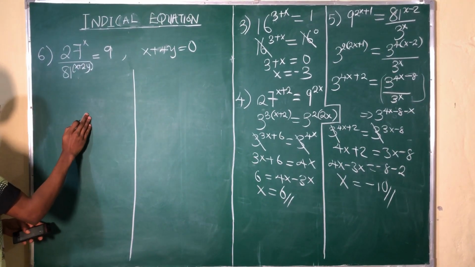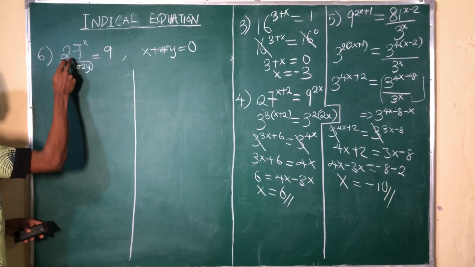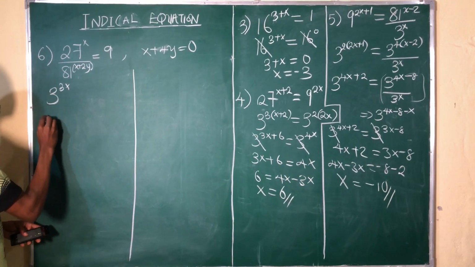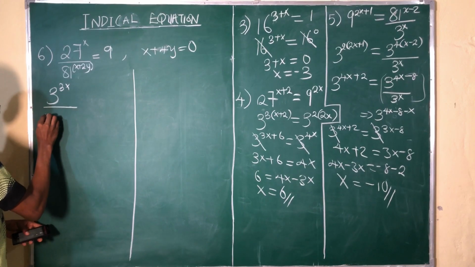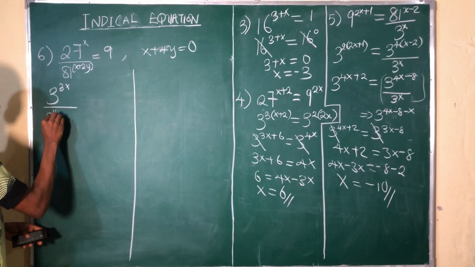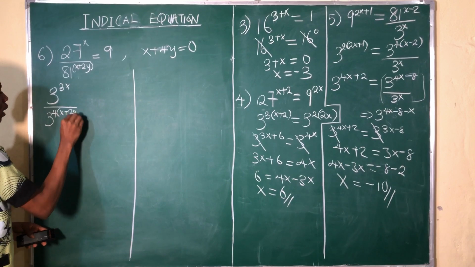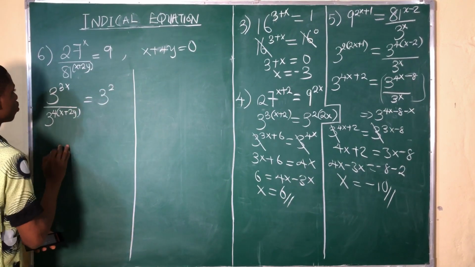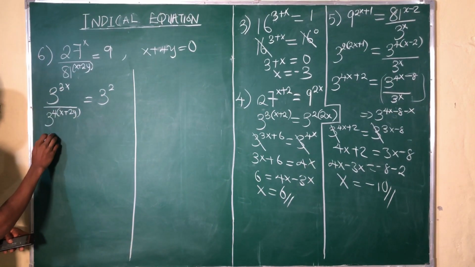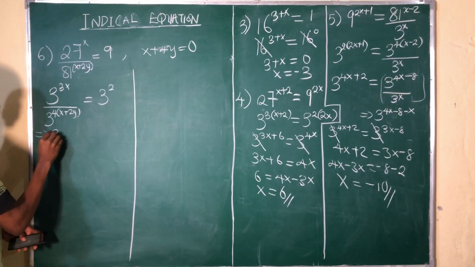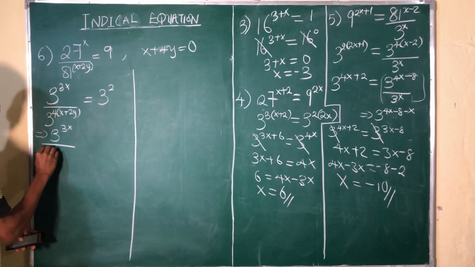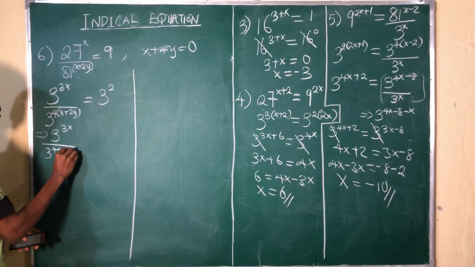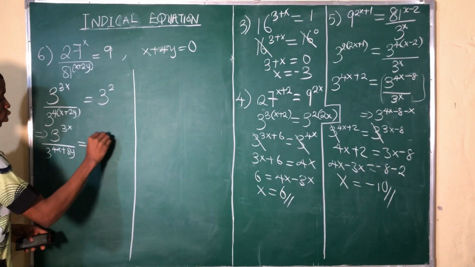So in this case, 27 can be expressed in terms of 3 raised to the power 3x all over 3 bracket 4x plus 2y. This can be expressed in terms of 3 raised to the power 2. So of course, we're going to play with this first. This becomes 3x over 4x plus 8y equal to 3 square.